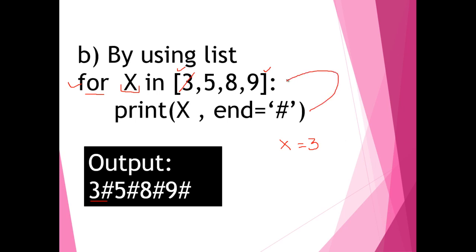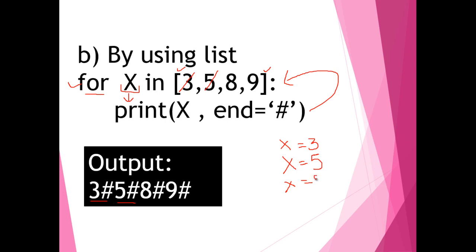After this, the control again moves to the starting of the loop, then it assigns the next value present in the list to the variable x, that is now it assigned the value 5 to the variable. Okay, and after assigning it again comes down and it will print the value of x with the hash, so 5 hash.